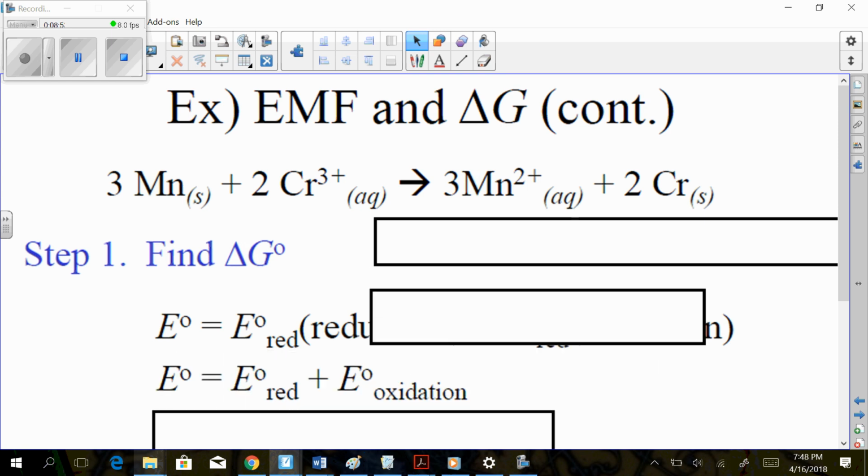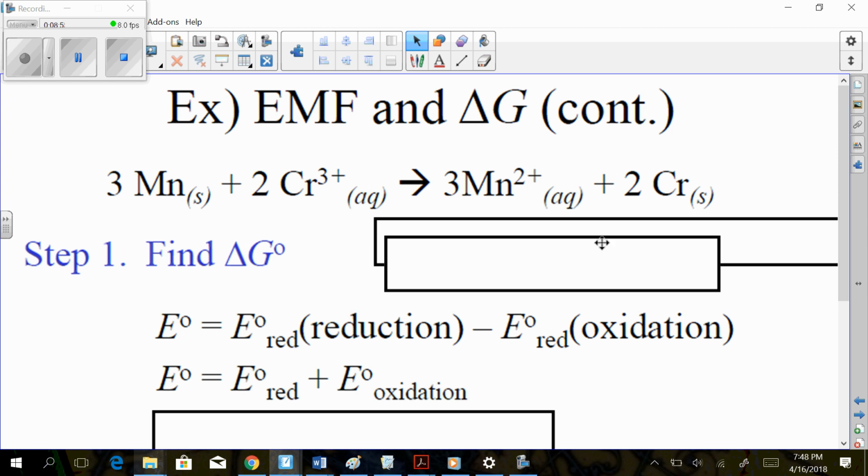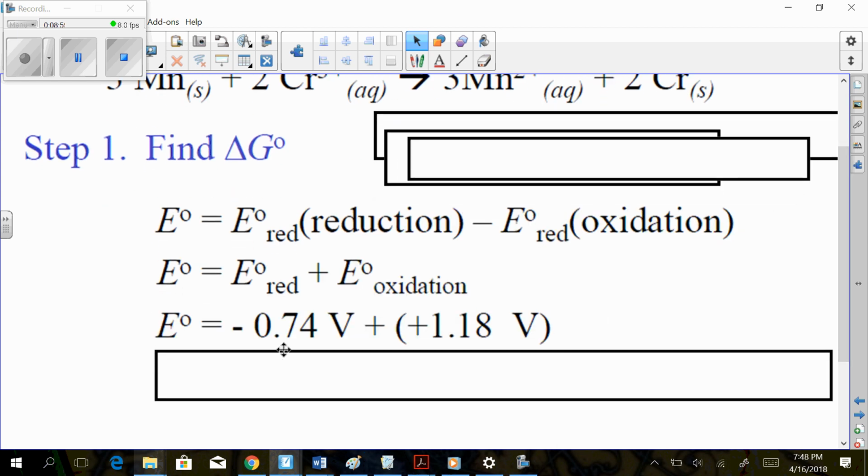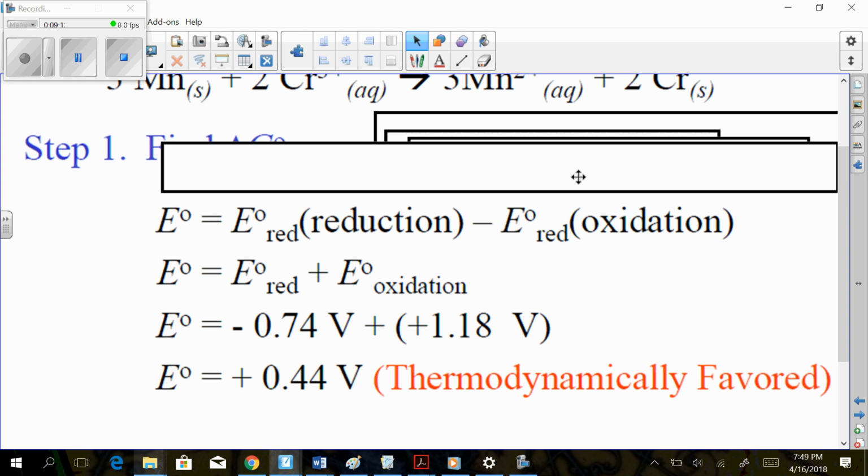So we put in the reduction and oxidation, the negative 0.74 from that first reaction and the positive 1.18 volts from the second reaction, and we get an E cell of 0.44 volts when we add them together. The fact that this is positive means that it's thermodynamically favored.